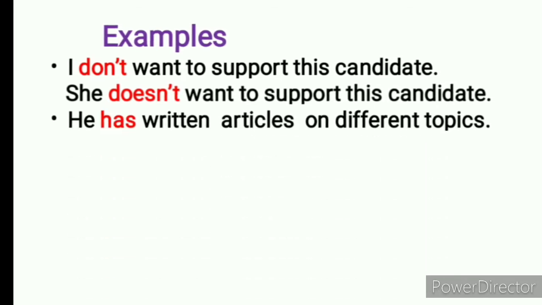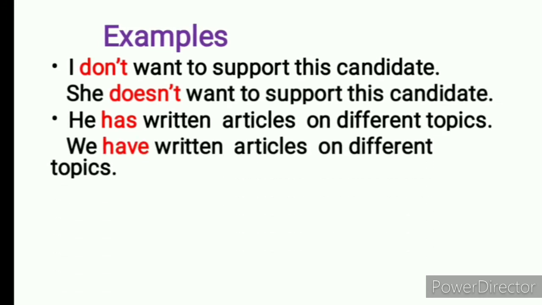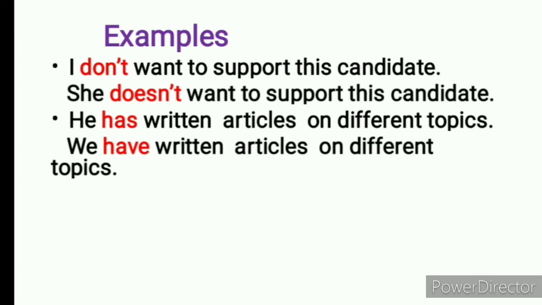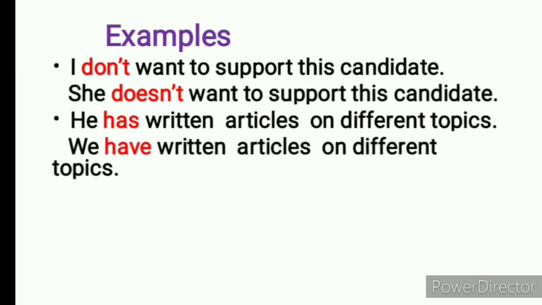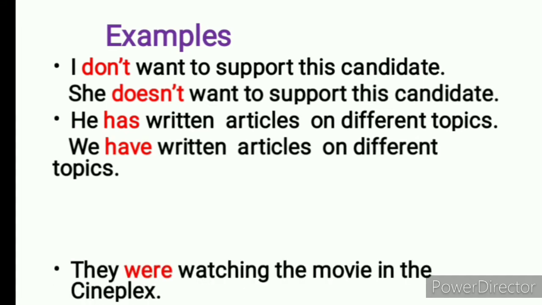Next examples, he has written articles on different topics. We have written articles on different topics. He is singular, so we have made use of has. We is plural, so have, this auxiliary, has been used here.